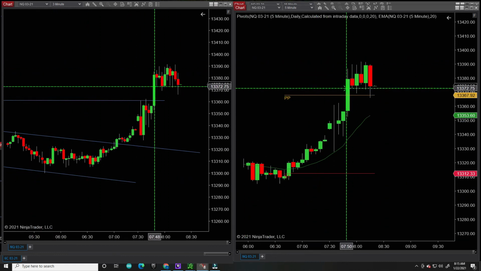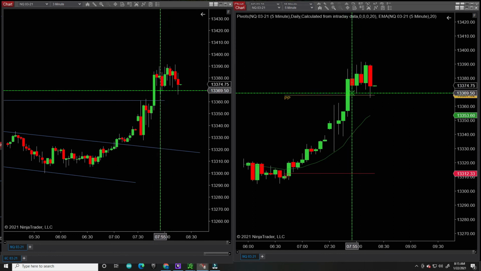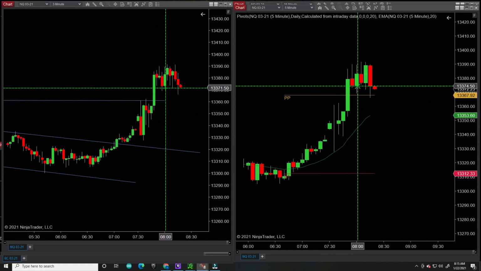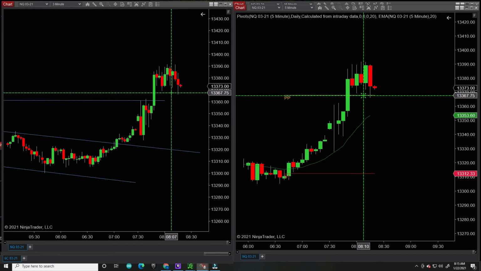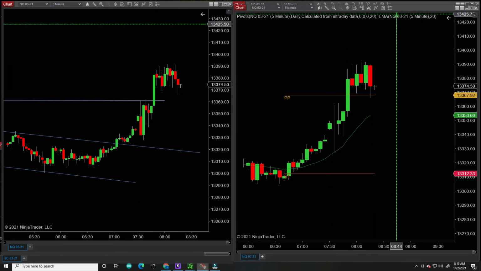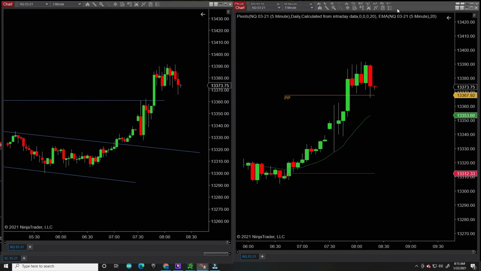If we weren't up at these highs, I'd buy here, because we have a bullish day. I'd buy at the bottom of a range. That's a good trade. But I don't have the overall bigger picture going in my favor there, so that makes me nervous. So I don't want to take that trade.